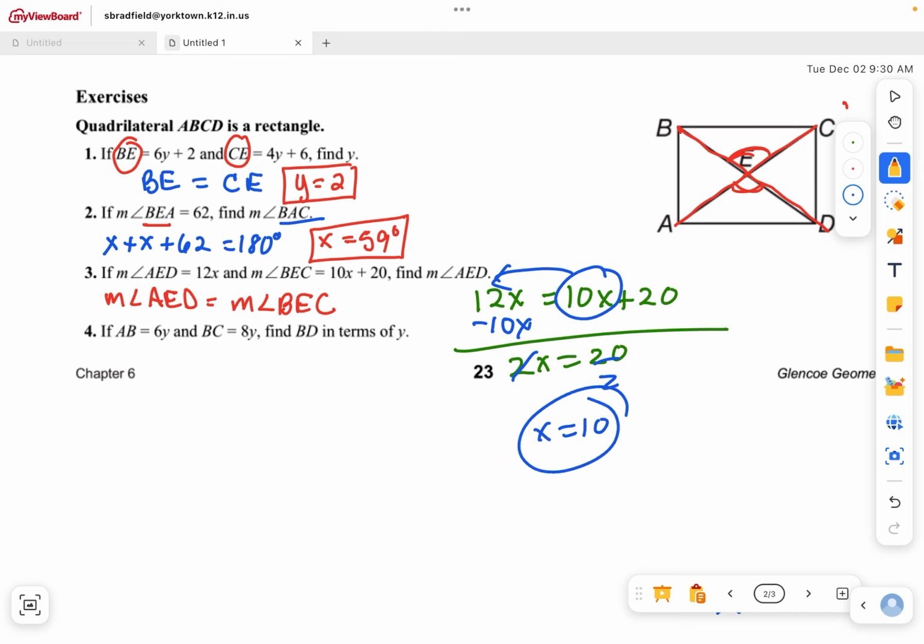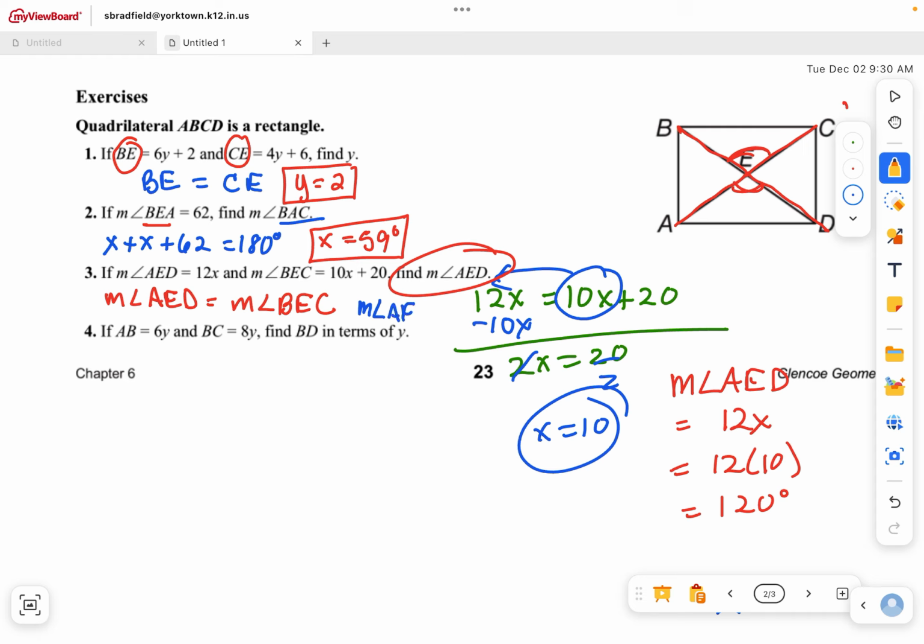Now that's x. We want the measure of angle AED, which was 12x. So I'm going to take 12 times 10 because x was 10, which is 120 degrees. So we get the measure of AED, which is 120 degrees. And we'll fill that in.